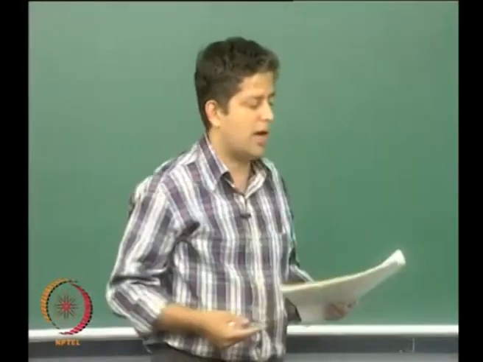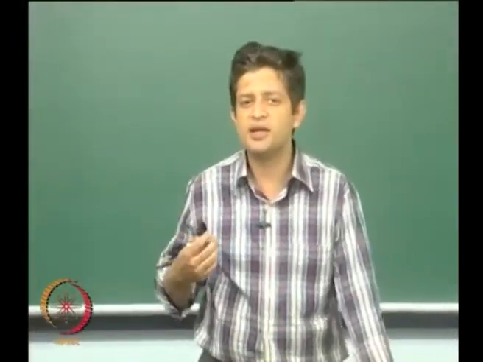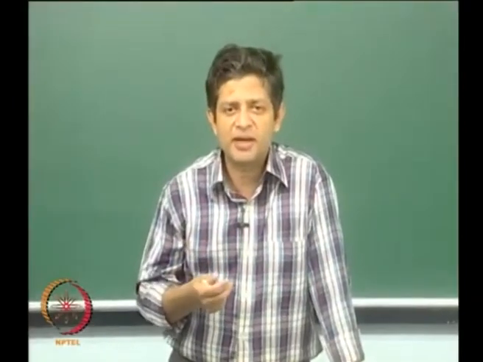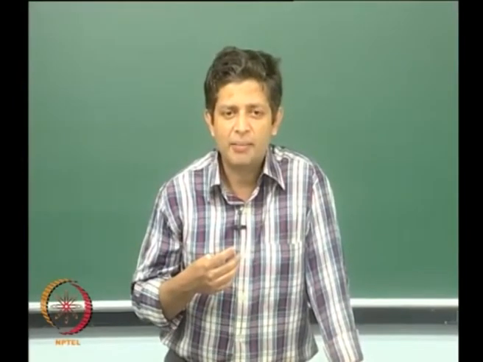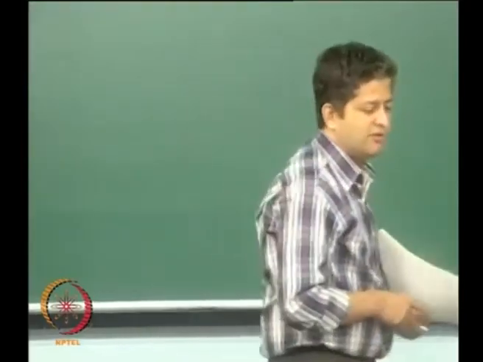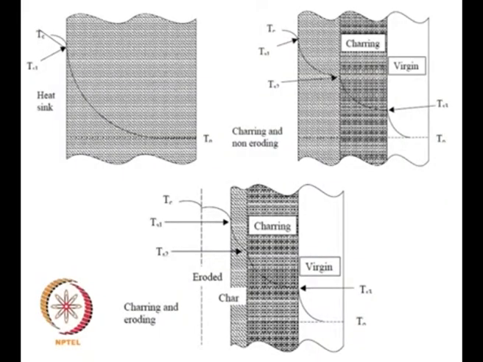If you have a particular thickness of this material, and if it is a high temperature resistant material, right, then if you look at how the temperature profile is for this material, it is something like this shown in A here, that is into the solid the temperature decreases, and depending on the thickness this temperature is achieved, right. So you need to know what is the thermal profile thickness, in other words, right.